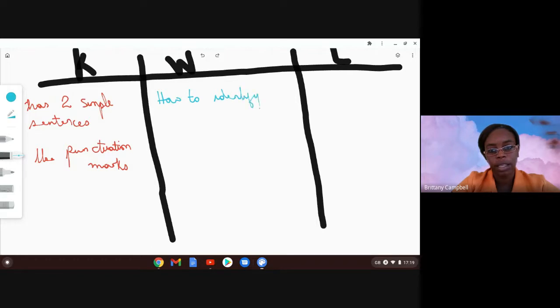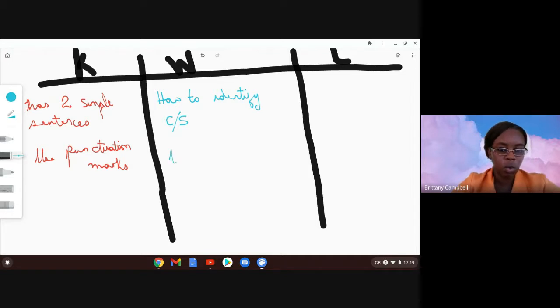So how to identify the compound sentence. Let me take off the and put compound sentences. Anything else? Say it again.